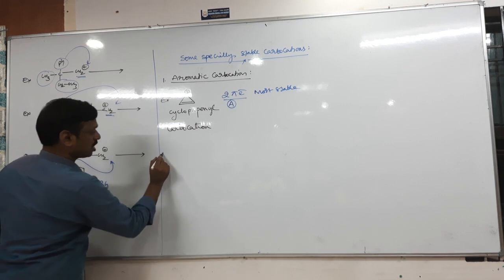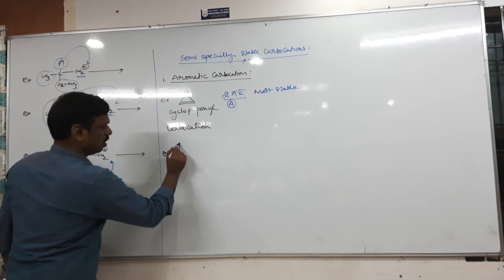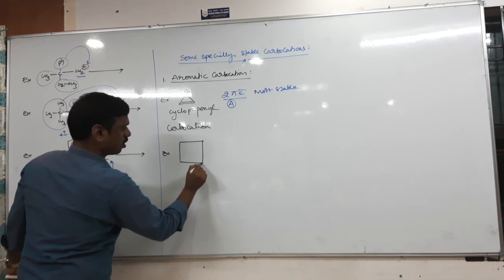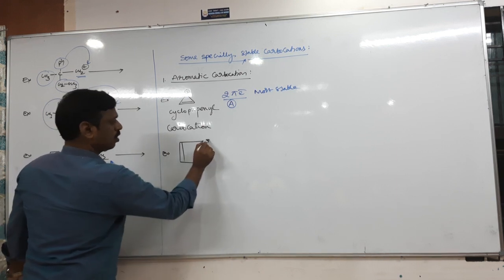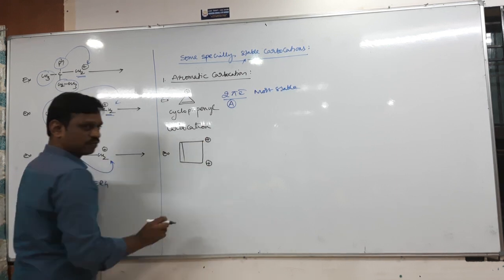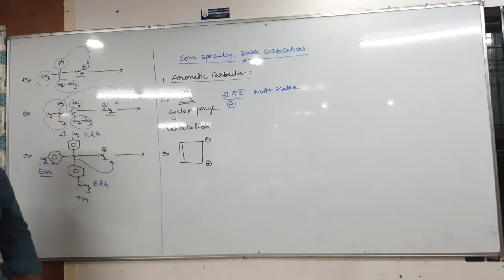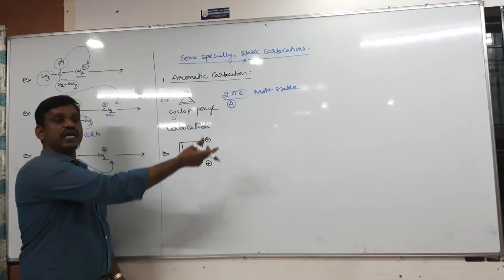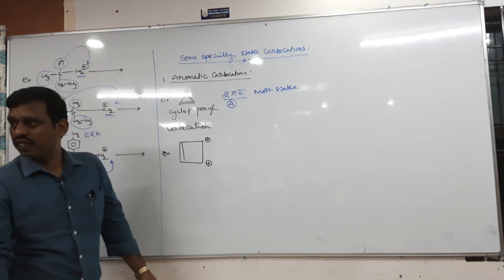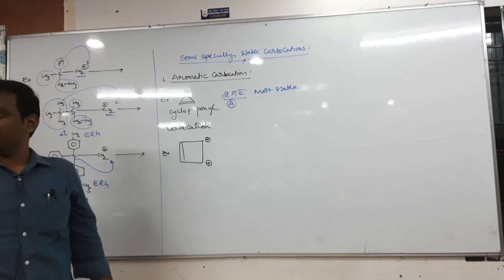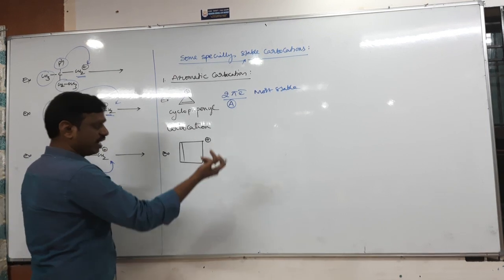Next, another example. Let us take cyclobutane, which has 1 double bond and 2 positive charges. Tell me, what is the name? Cyclobutenyl dicarbocation.